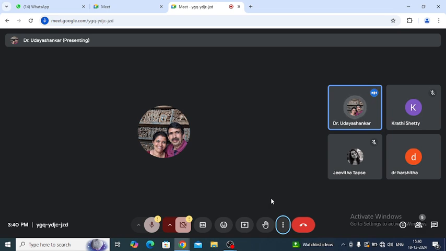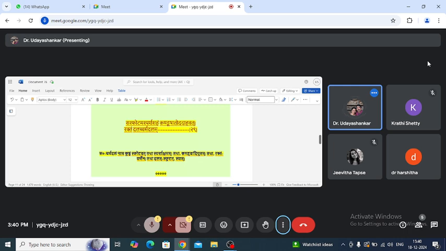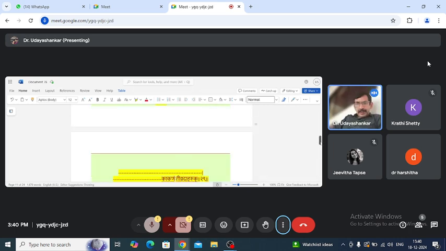Charmatalam nama kushtam spota vattata sparsha syat. Spota is putanam. We'll go for the next disease.